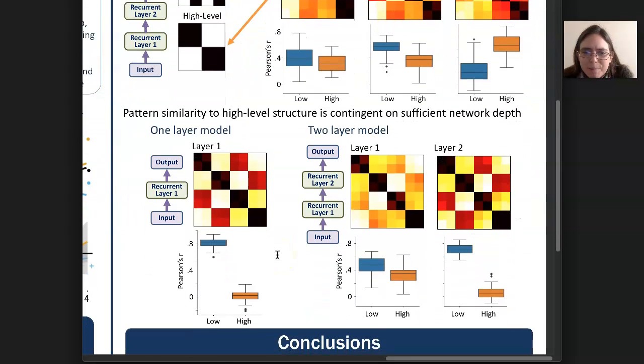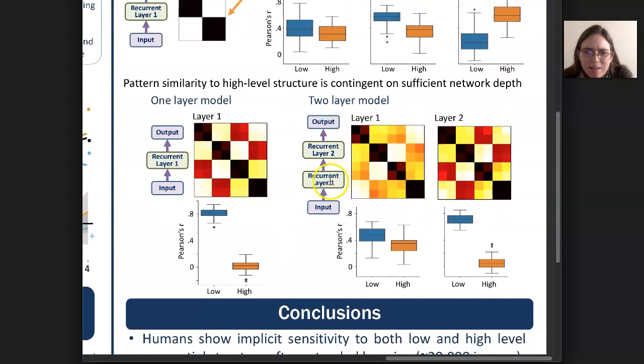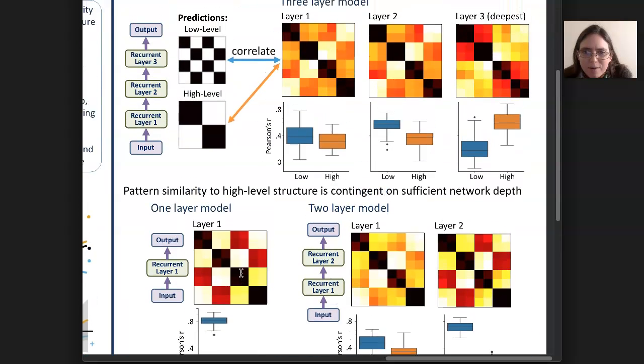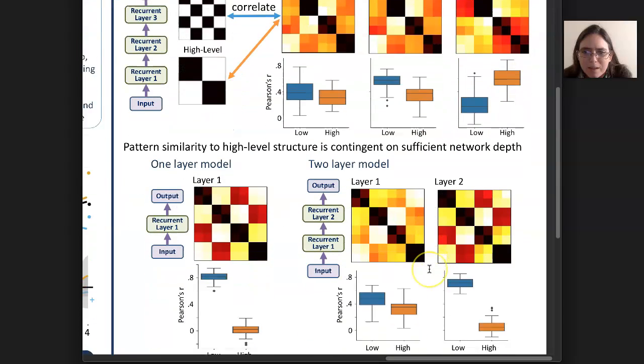All right, but interestingly, we also ran the 1-layer and 2-layer versions of the model, and those versions did not show this pattern. And so it seems like you need sufficient network depth in order to get this spike in sensitivity to the high-level structure.